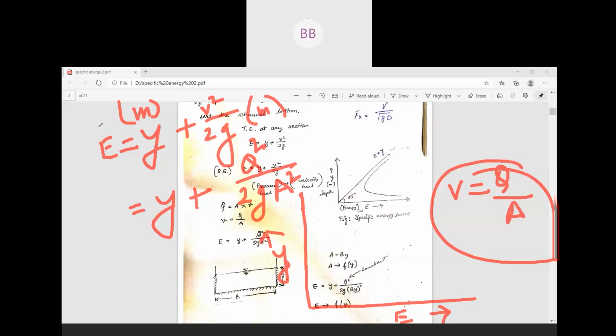So the unit for specific energy is nothing but meter. For the graph we are going to draw, both units are the same. The depth of flow will be in meter, and the specific energy will also be in meter. Then we consider by drawing a straight line at 45 degrees.